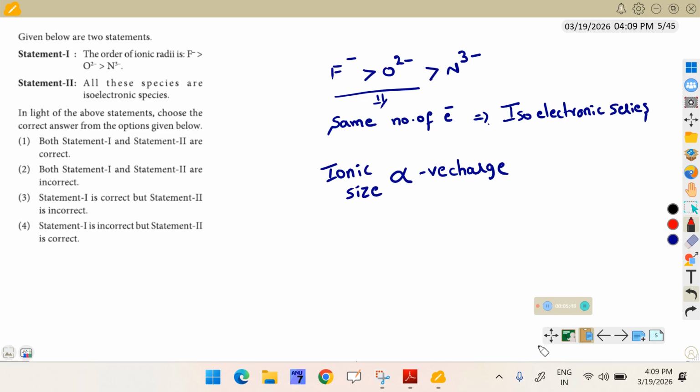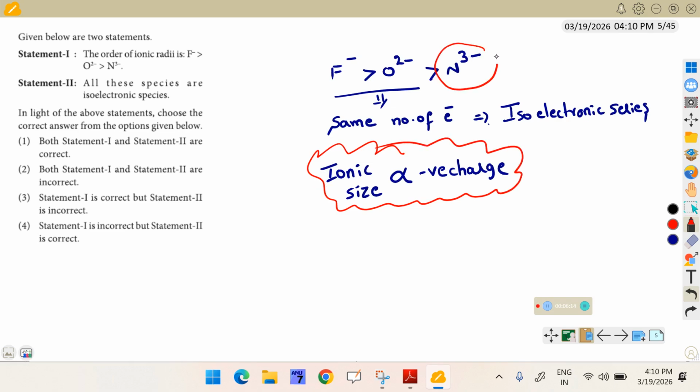The next question, statement based question. Statement 1: the order of ionic radii is F minus greater than O2 minus greater than N3 minus. Right or wrong, check it. Given ions contain the same number of electrons, so it is considered an isoelectronic series. In case of isoelectronic series, ionic size is directly proportional to negative charge.